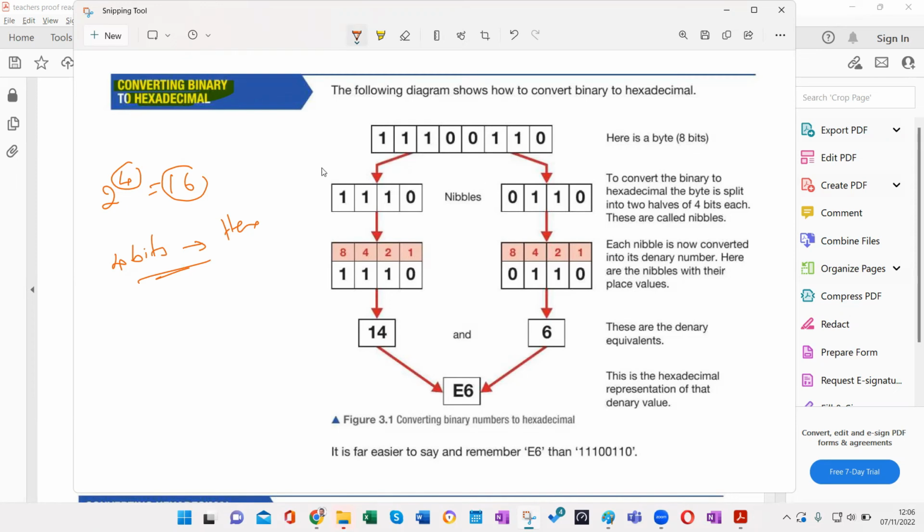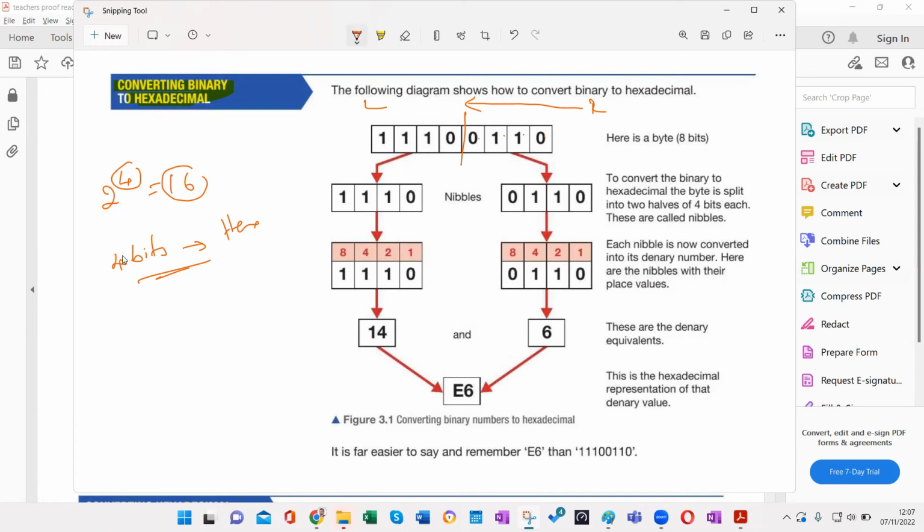Then you start from the right and come to the left, grouping these bits into groups of 4. 1, 2, 3, 4, divide. 1, 2, 3, 4, divide.